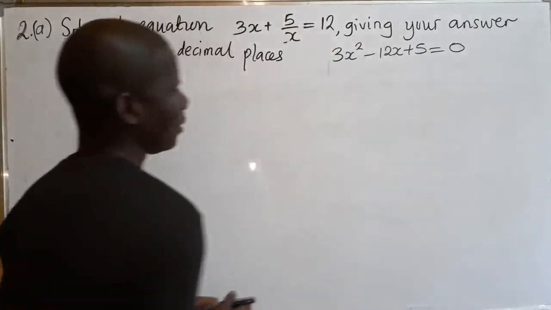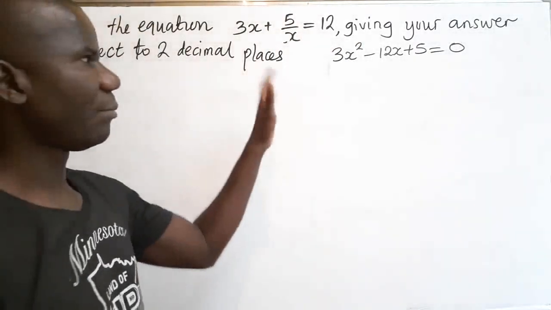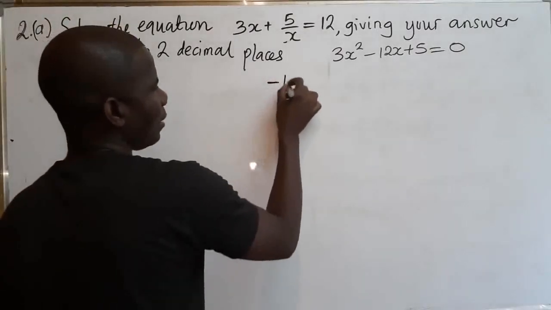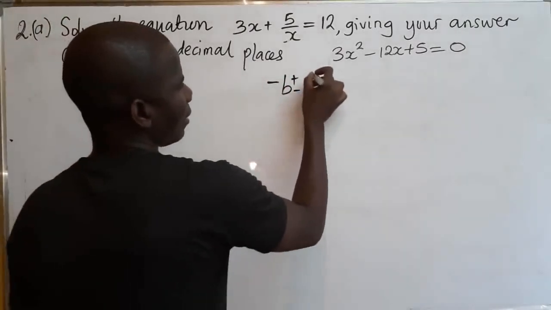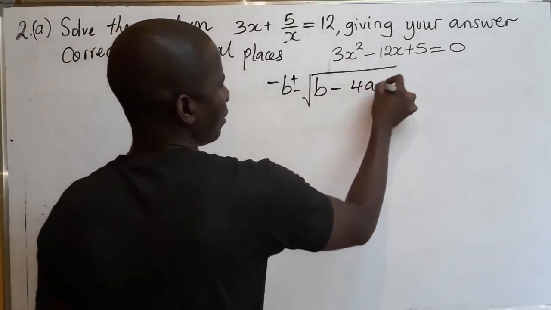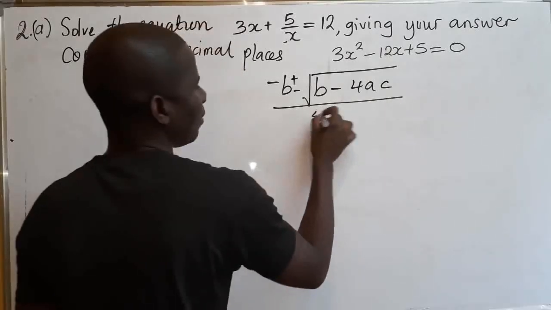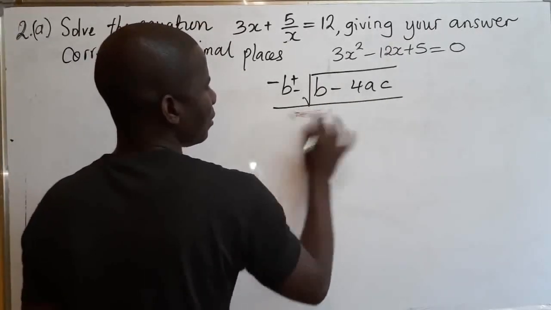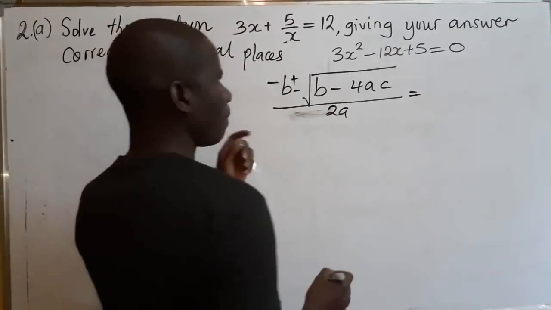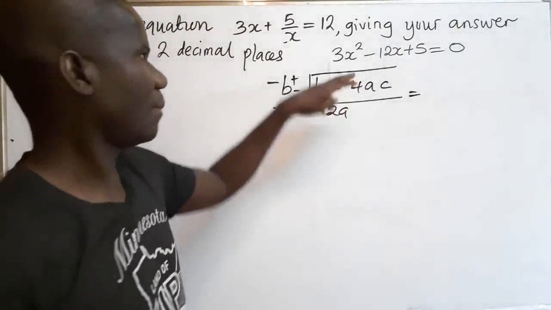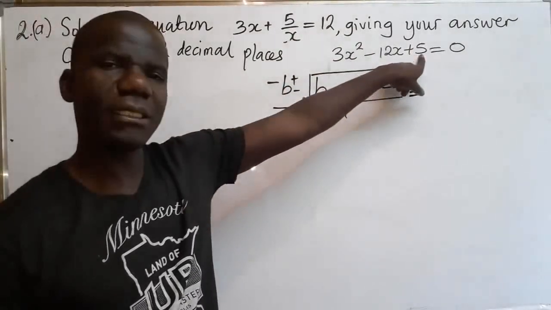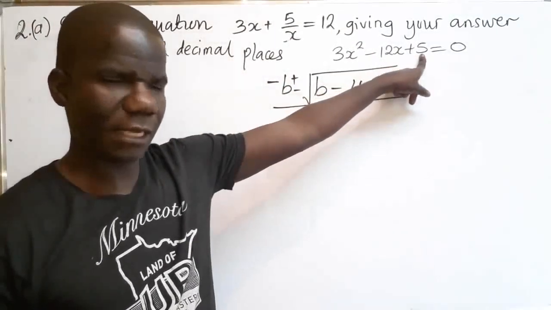From this point, we need to use our formula, minus b plus or minus the square root of b squared minus 4ac, over 2a. So what is our b here? This is our a, b is negative 12, and c is positive 5.